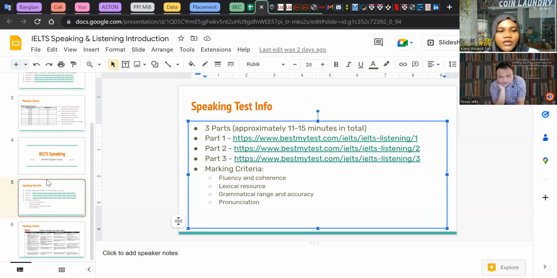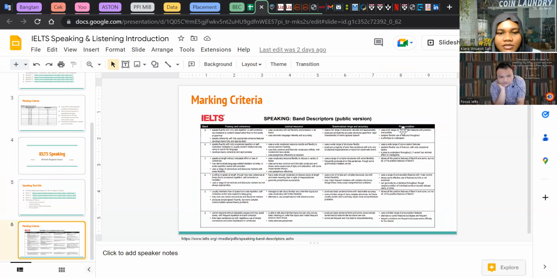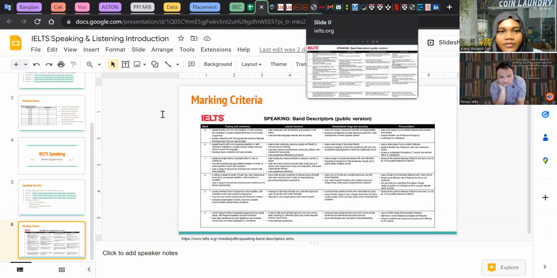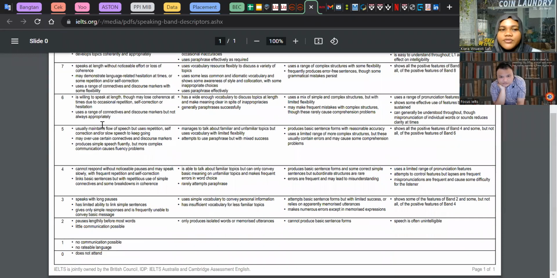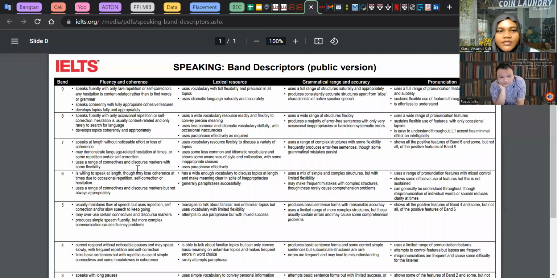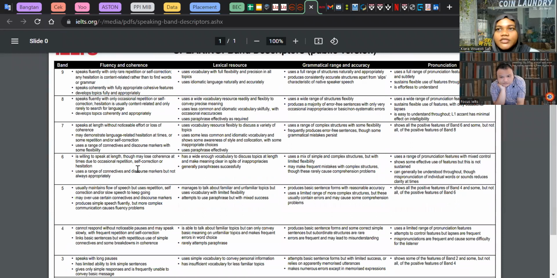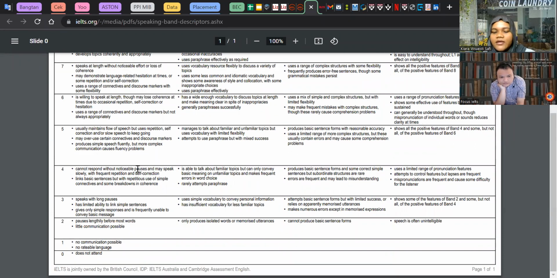Then I would like to talk about the marking criteria for this IELTS speaking test, which I took from the IELTS website. This is not fully clear, so I will switch my tab to here. Basically, we got a 0 to 9 band score for this IELTS speaking test, and each band has criteria.